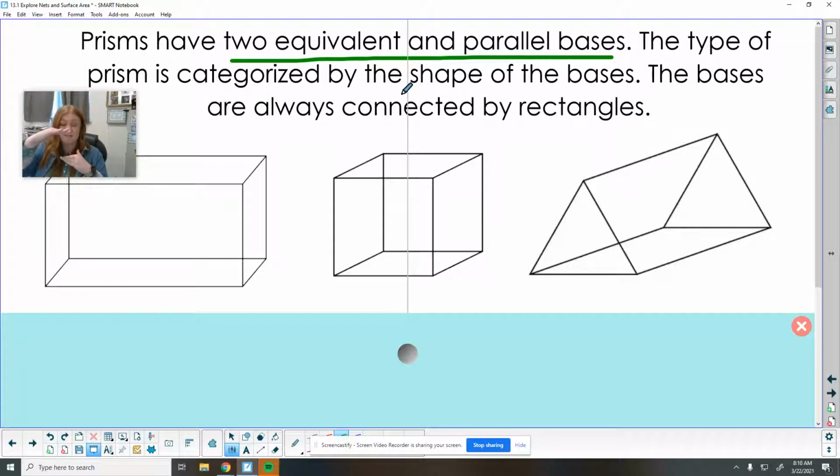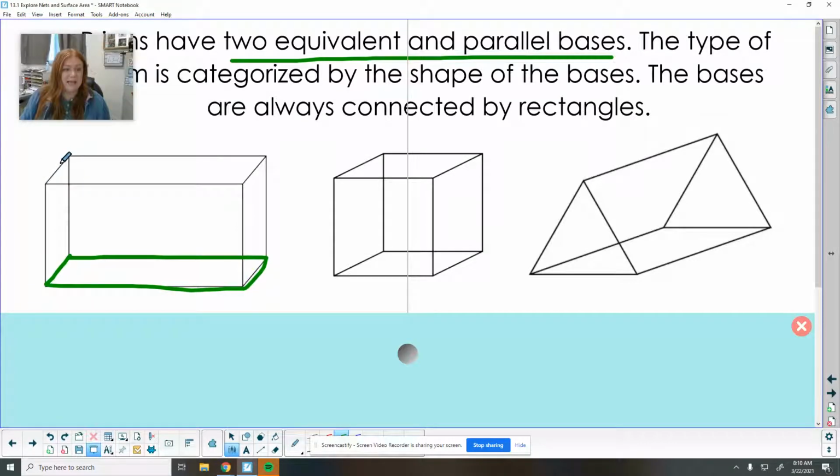Does it have another one? Then it's a prism. What is the shape? That's what type of prism. And it always uses rectangles to connect the 2 bases. So if we look at this one here, we can see this rectangle here, and it has this matching one across from it. So it has a top and a bottom base that are exactly the same and parallel.